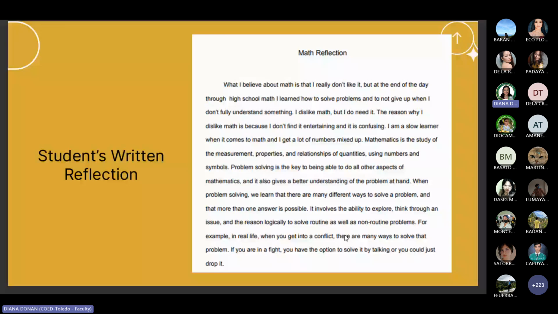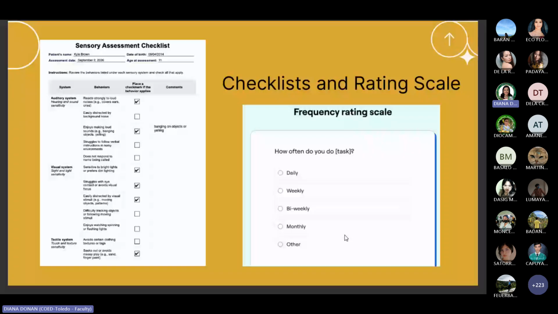Sometimes students learn a lot about themselves through peer feedback. Using tools like rating forms or checklists, their classmates can evaluate each other's teamwork, cooperation, and empathy. Now, this builds accountability and encourages personal growth.